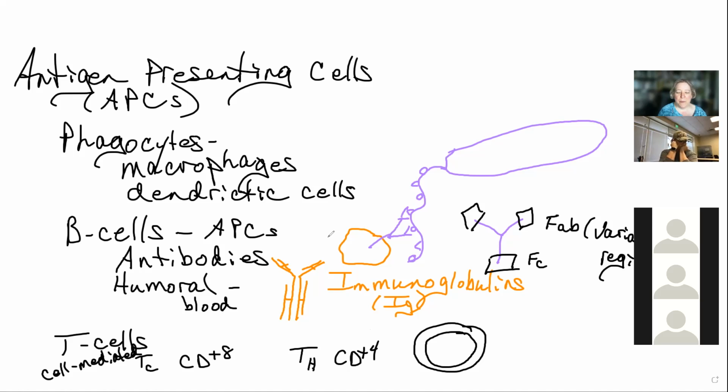Now, I forgot to give you my abbreviation for antibodies. We abbreviate those as ABs or Igs. And then antigens, like the flagella of a bacterium or peptidoglycan or anything that will stimulate an immune response, we refer to that as an antigen, and we abbreviate that as AG.